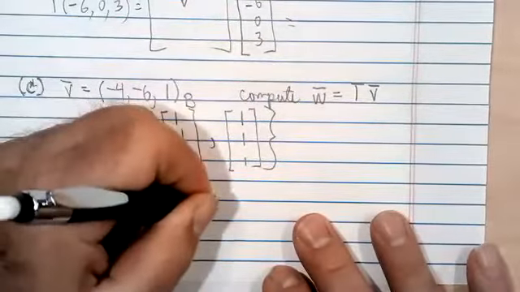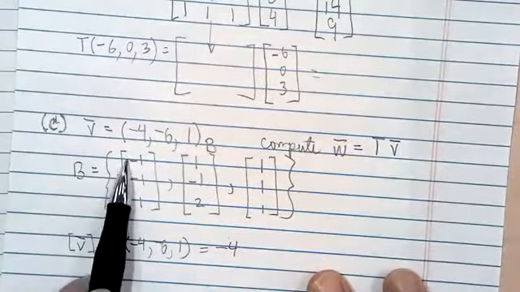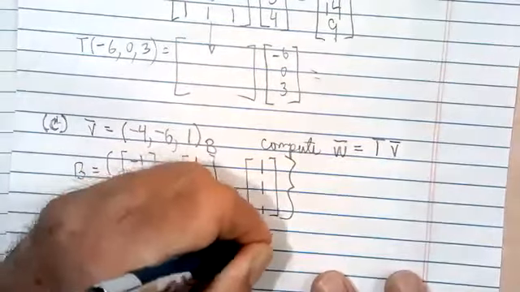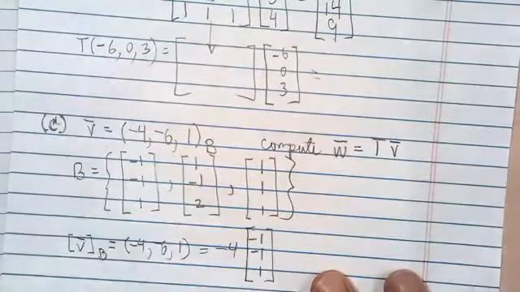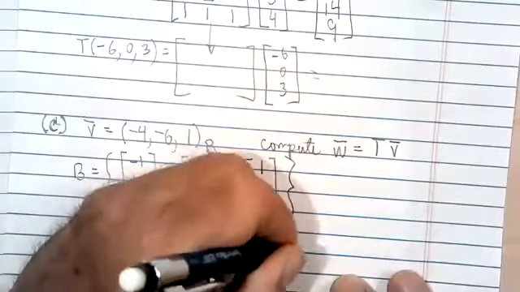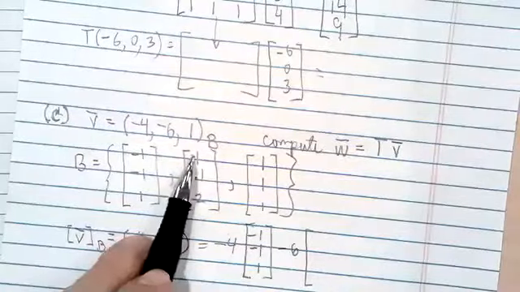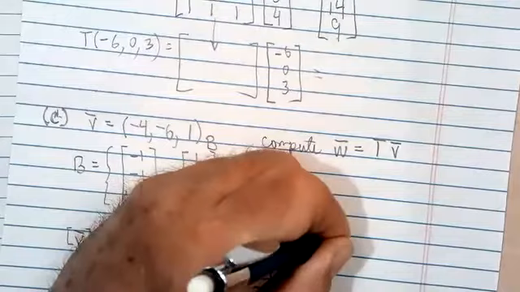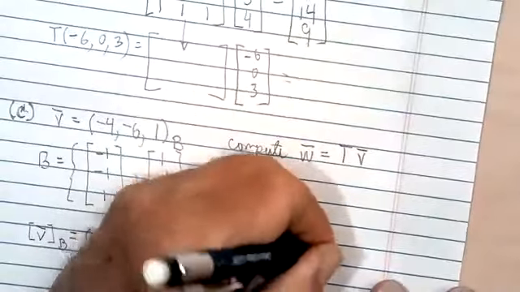It means you take -4 times the first basis vector, and for basis B, the first basis vector is this, -1, -1, 1, -6 times the second basis vector, which is 1, -1, 2, and 1 times the third basis vector, which is 1, 1, 1.